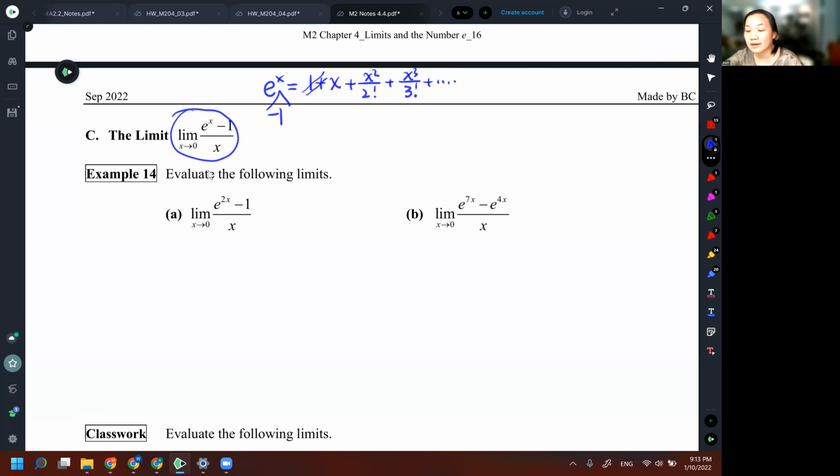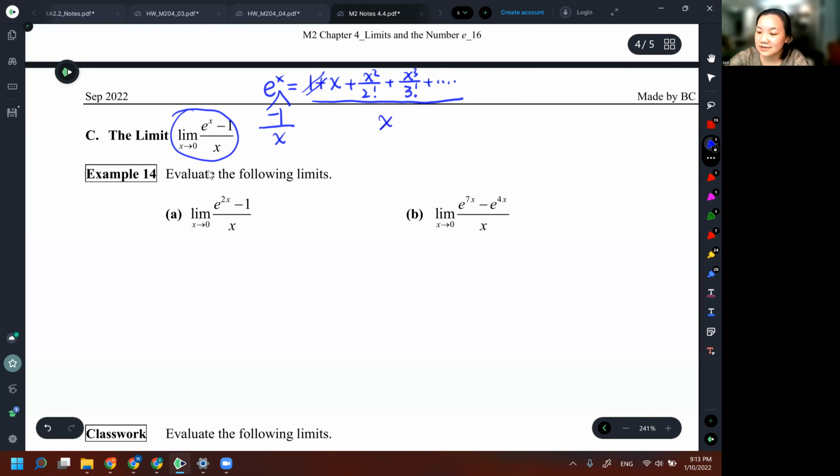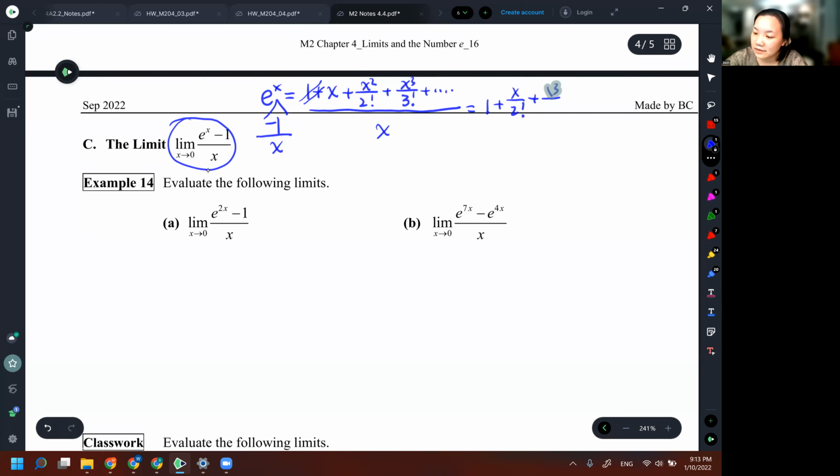This one is gone. And then if I divide by x, you will have 1 plus x over 2 plus x squared over 3 factorial plus x cubed over 4 factorial and so on.